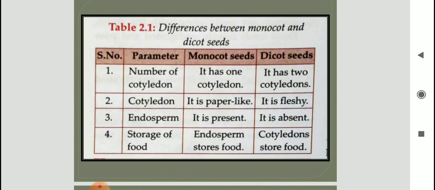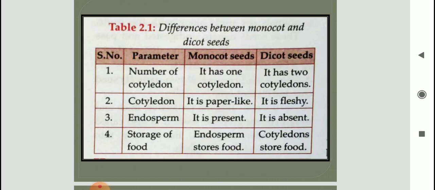So monocots have only one cotyledon, dicots have two cotyledons. In monocots, the cotyledon is paper like, it is very thin, and dicots have fleshy cotyledons. Monocots, since the cotyledon is paper like, so instead of cotyledon, who's doing the function of food storage? Endosperm. And in dicots, endosperm is absent.